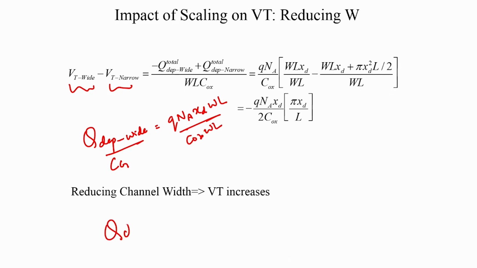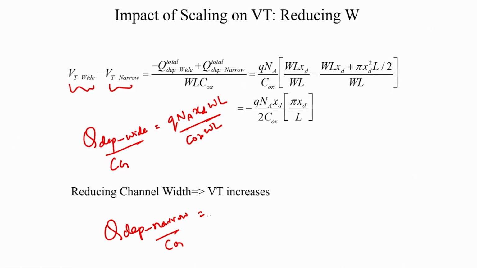What is the total depletion charge in a narrow channel device? Now the side regions cannot be ignored. Even in the wide device the side regions are present, but W plus anything on the side is approximately W. This excess charge is very minuscule compared to the total charge in the gate, but now it is not.